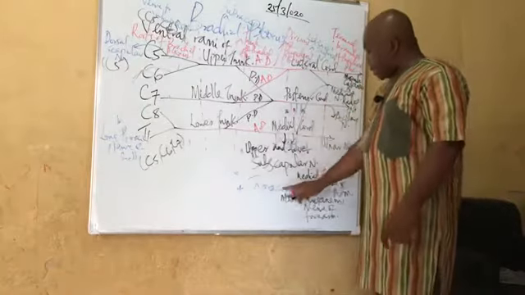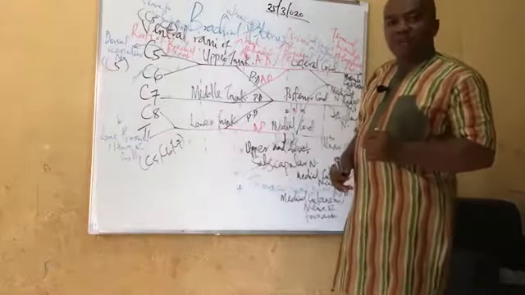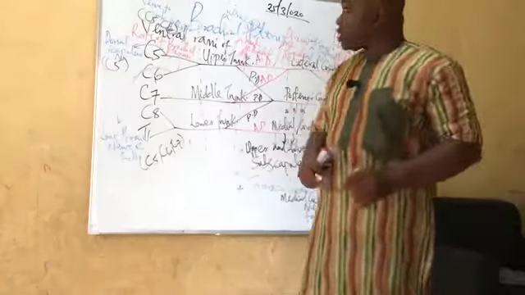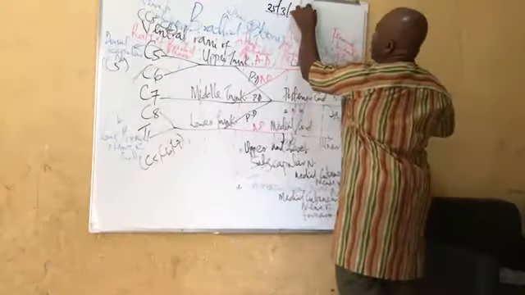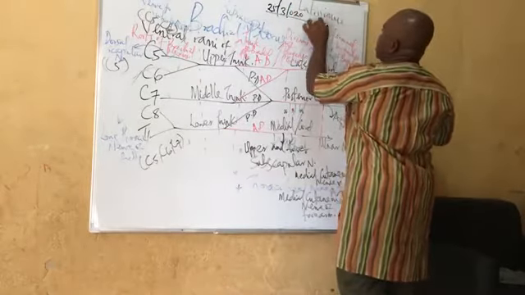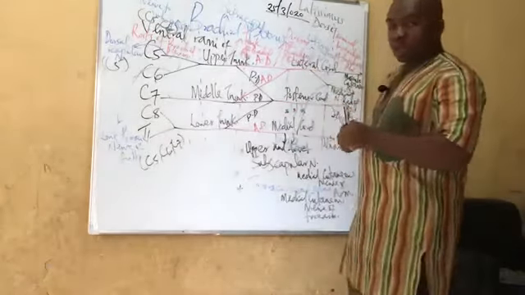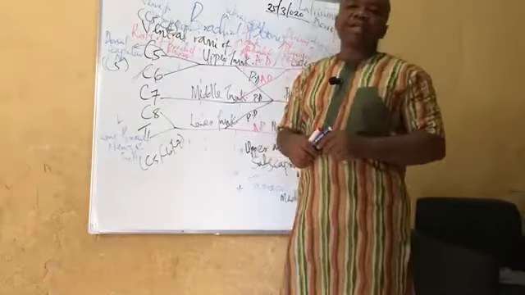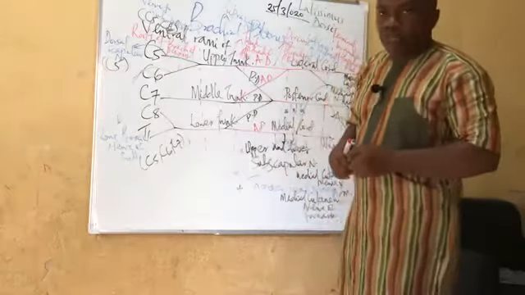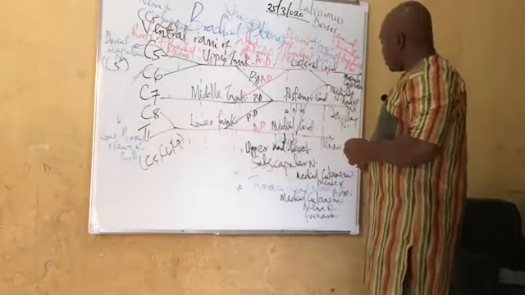Then you now look at the thoracodorsal nerve. The thoracodorsal nerve supplies the muscle called the latissimus dorsi. This latissimus dorsi is also referred to as the climbers muscle. It is used effectively during climbing.